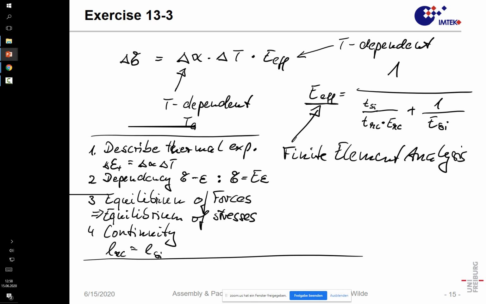So we first have 4 equations with 4 unknowns. And then in the end, we get to 2 equations. So here we eliminate strain. And here we have 2 equations, 2 unknowns.